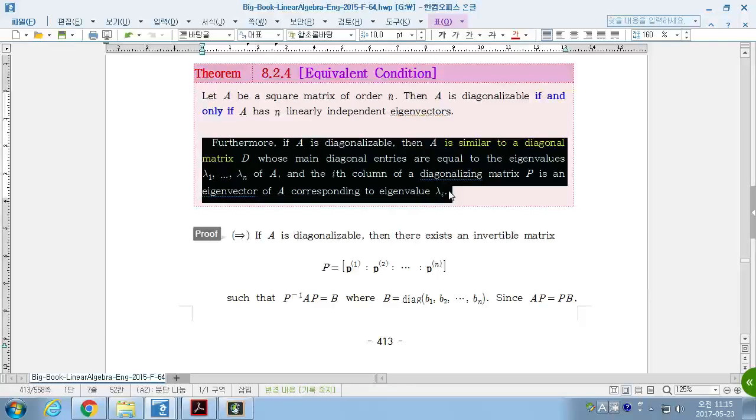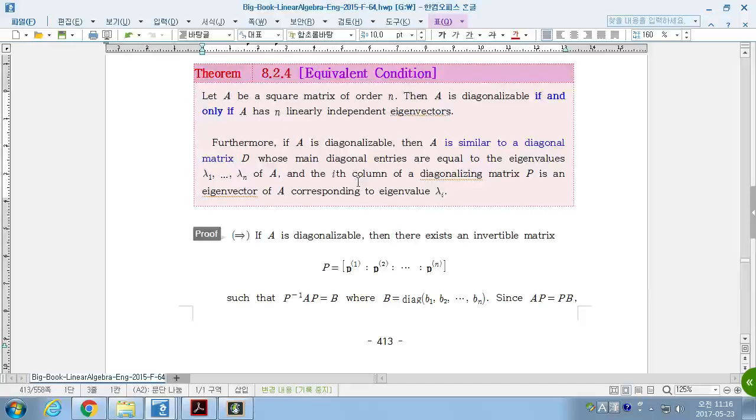Then the eigenvalues of the diagonal matrix are its main diagonal entries, which are the same as the eigenvalues of A. Then the corresponding eigenvectors are the corresponding column vectors of P for lambda i. This is what this theorem 102 teaches you.